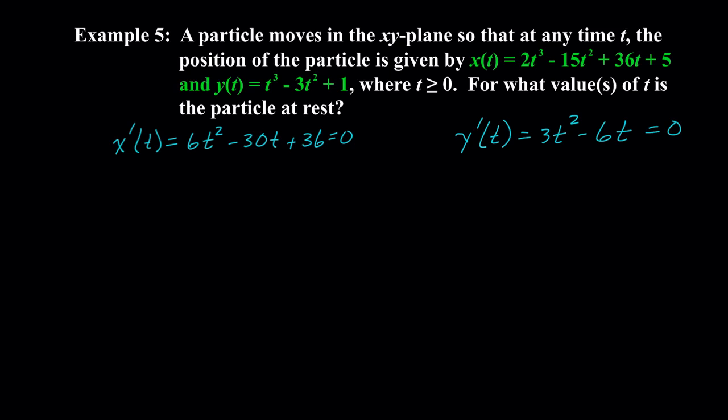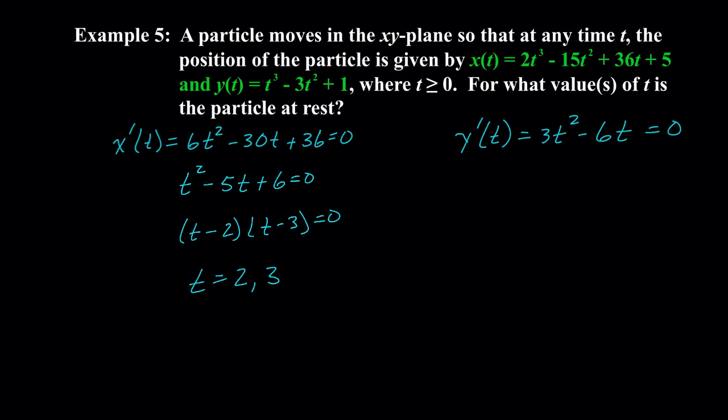All right, so working these out, what I would do is divide everything here by 6, giving us this equation that is easier to factor down to (t minus 2) times (t minus 3), which gives us at t equal to 2 and t equal to 3, the particle is at rest horizontally.